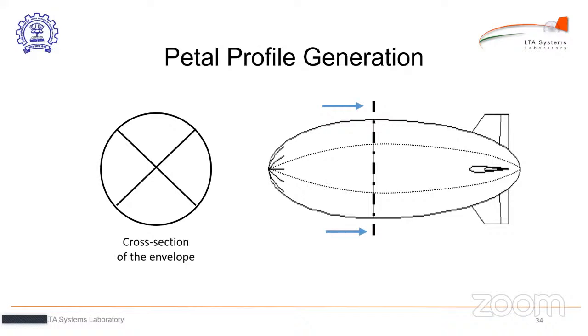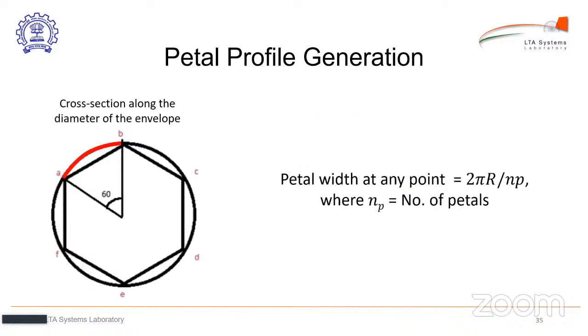To construct the 3-dimensional envelope using a flat 2-dimensional piece of material or fabric, we have to go for what is called the development of a 3D body, and the long strips along the length which are joined together to make this envelope are called petals. So we are going to look at how the geometry of the petal can be generated.